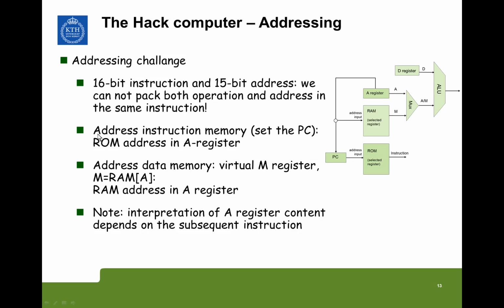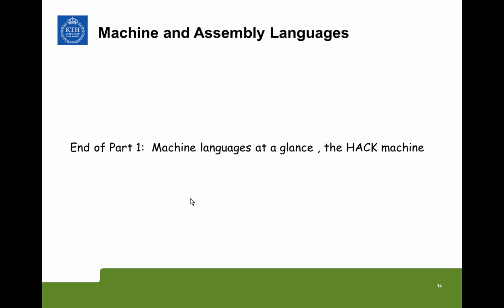So to address the instruction memory, we will need to load the ROM address into the A register, and similarly to address the data memory through this virtual register M, we will need to load the RAM address into the A register. Please note already here that the content of the A register, or the interpretation of the content in the A register, will depend on the subsequent instruction. Okay, this ends the first part of the video.